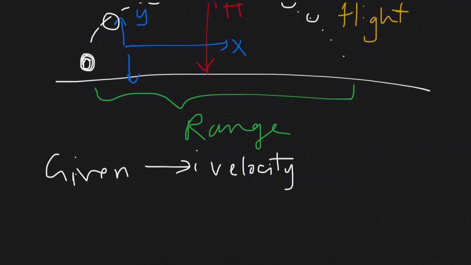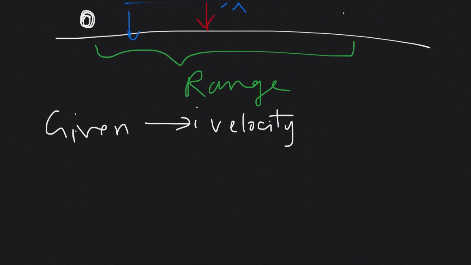And the initial velocity, yes, you can have it in terms of x and y coordinates or in terms of r and theta coordinates, meaning in terms of Cartesian or in terms of polar. For this exercise, I'll show you how you can do it in both. So let's say the initial velocity is given to us in terms of r and theta.